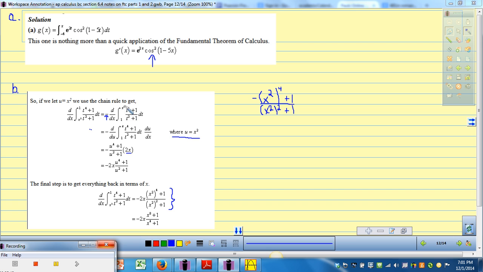And then I think of taking the derivative of the inside, applying that chain rule, times the derivative of x squared, which is 2x. Which does give us the exact same answer that was shown down here. So if you like using the u and taking the derivative with respect to u times the derivative of the inside, you can certainly do that.